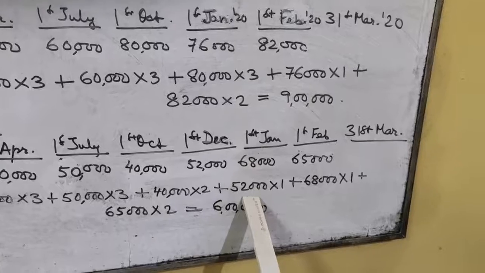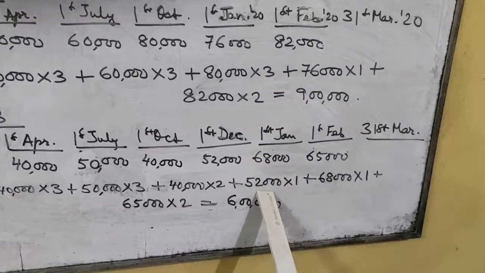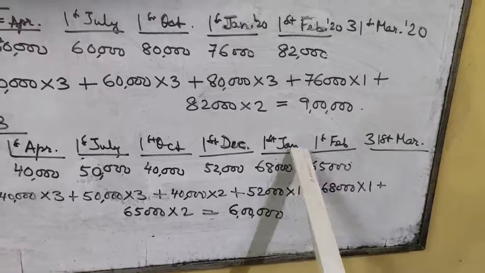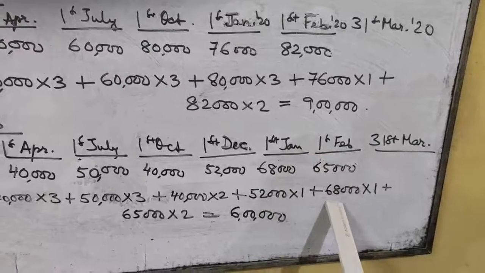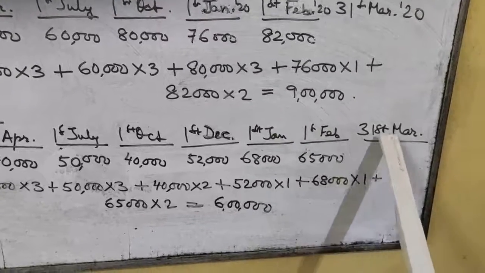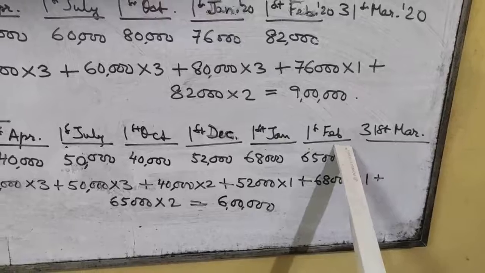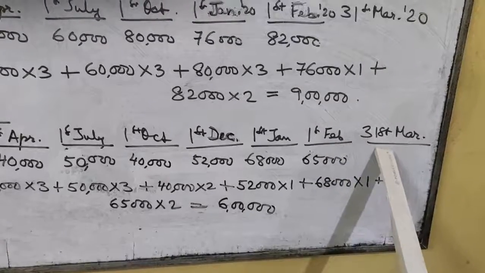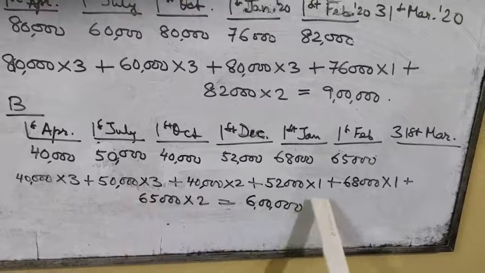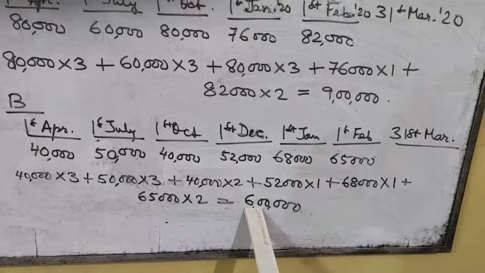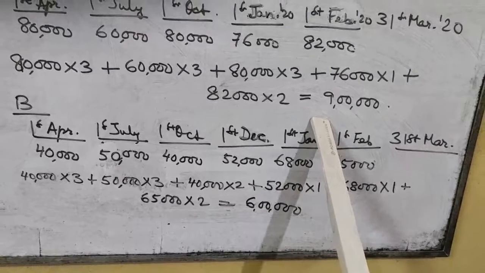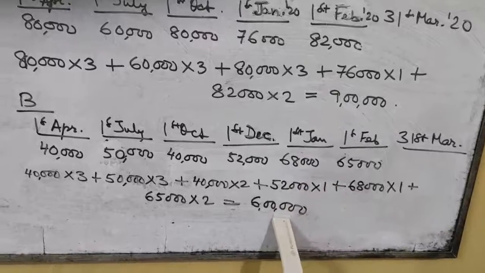So 52,000 into 1. Then 68,000 for another 1 month, from 1st January to 1st February. So 68,000 into 1. Then 65,000 for 2 months, that is from 1st of February to 31st of March. So 65,000 into 2. If you add up all of them, it comes to 6 lakh. So the capital employed by A is 9 lakh and the capital employed by B is 6 lakh.